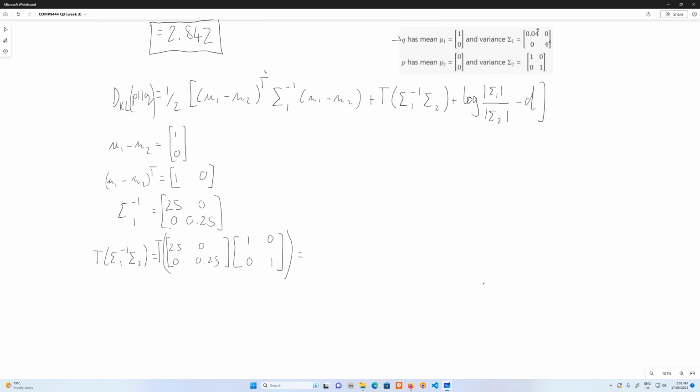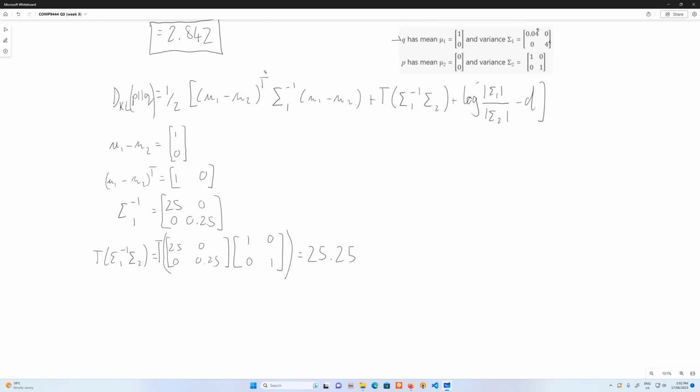And this ends up being, well, if we multiply any matrix by the identity matrix, we just get that matrix back. And then the trace will be 25 plus 0.25. So the result of this calculation is 25.25. Cool. So we've got that.